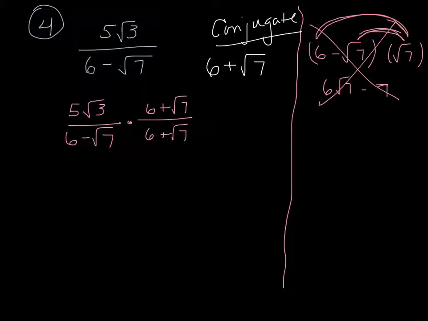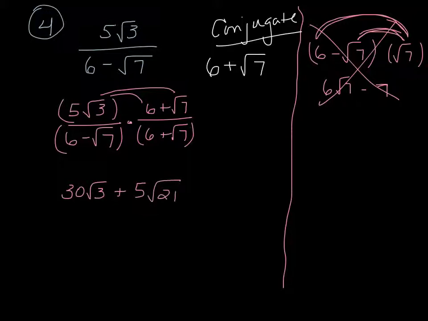So you can tell on the top we're going to have a little bit of distributing. We've seen that before. And on the bottom we're going to have a lot of distributing. It goes back to that FOIL. So on top we get 30 radical 3 plus 5 radical 21. Notice there's that rule again, multiplying a radical times another radical, keeping the number inside the radical. And on the bottom we're going to do 6 times 6, that's 36. Then we're going to do 6 times radical 7. That's just 6 radical 7.